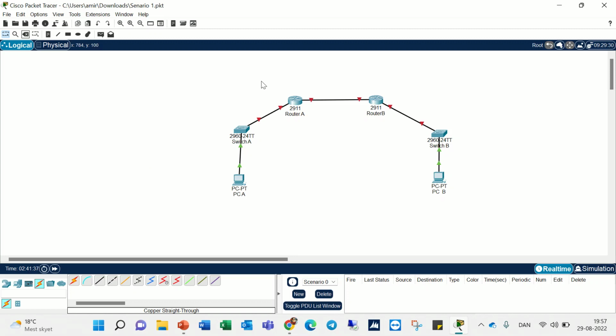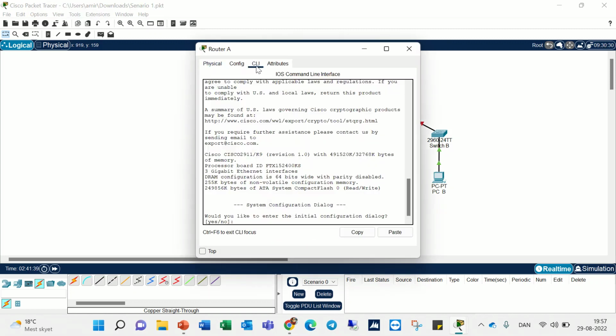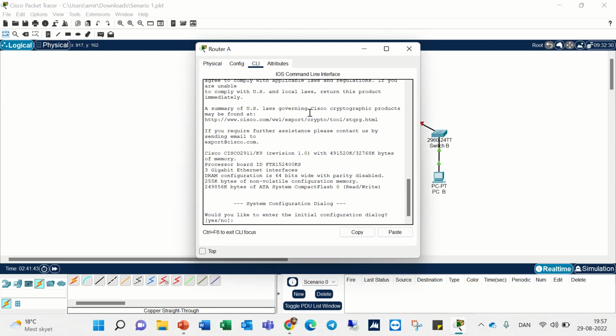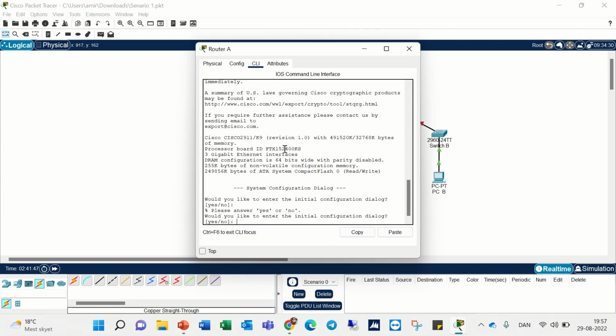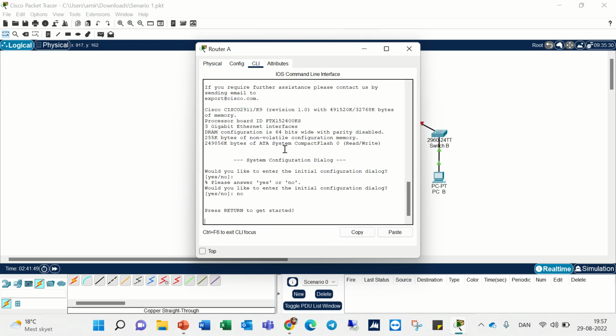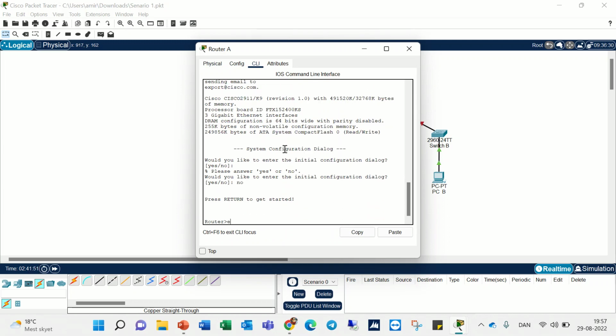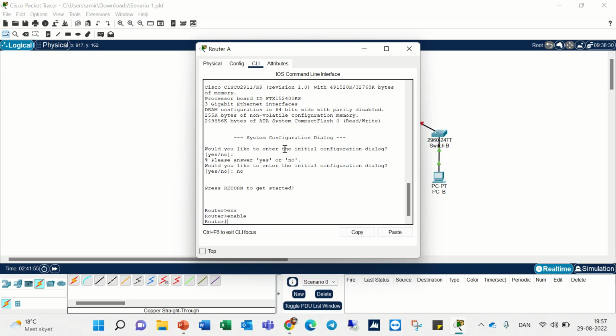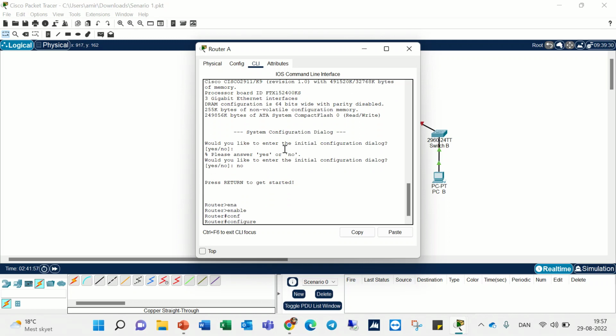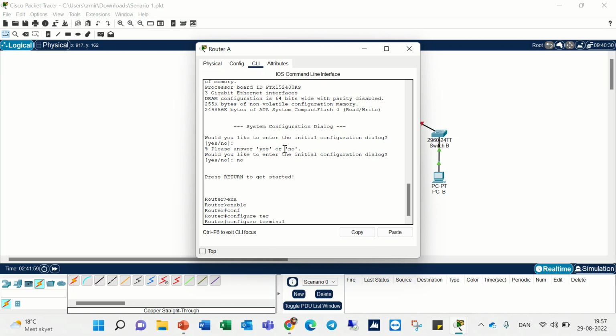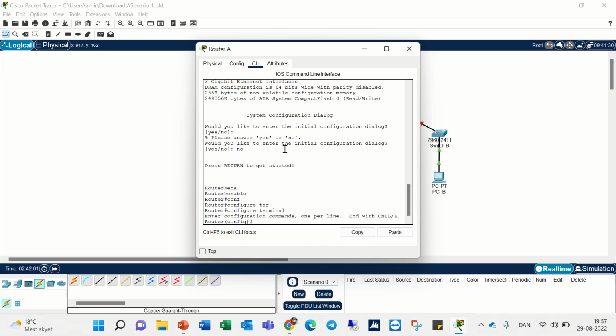In this scenario, you should go to router A and under CLI, can you see here? This is router A, and under CLI, first enter enable mode, and in configure terminal or global mode, you can configure IP addresses.